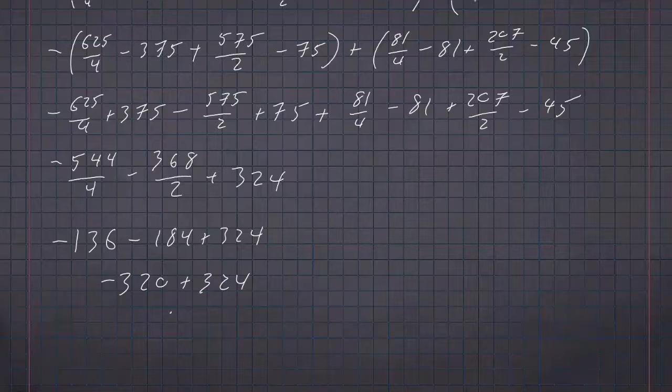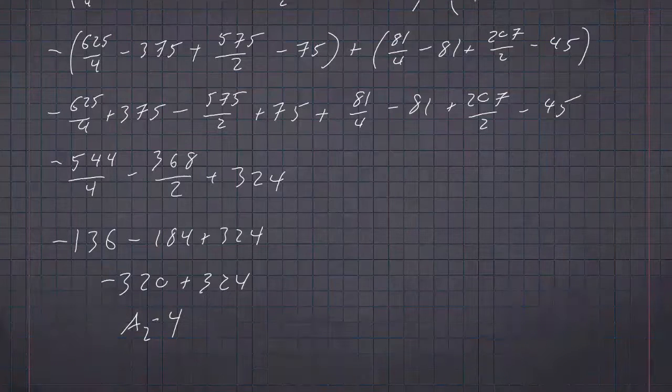And minus 320 plus 324 is exactly 4. And so that's the area of the second region.